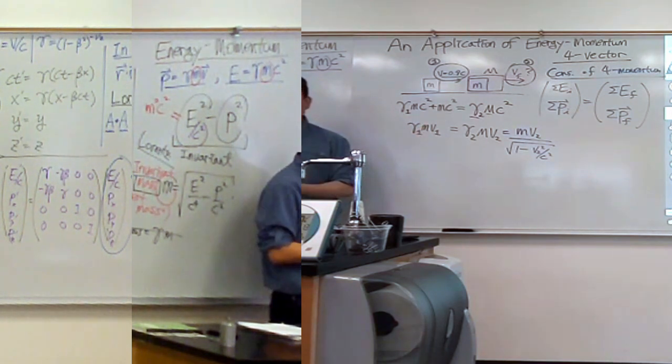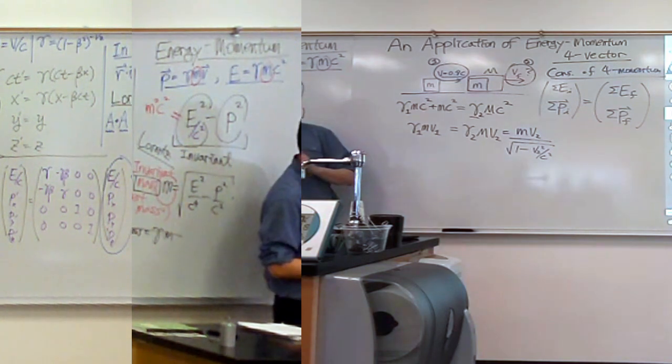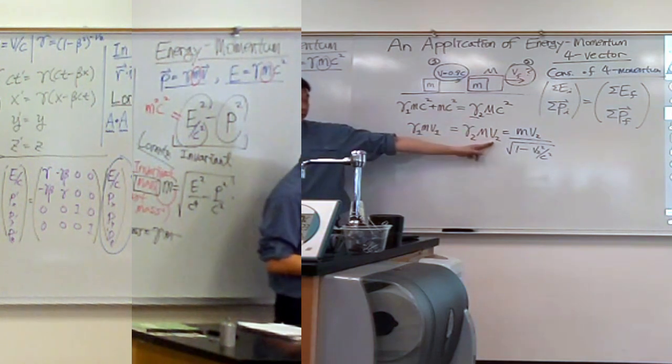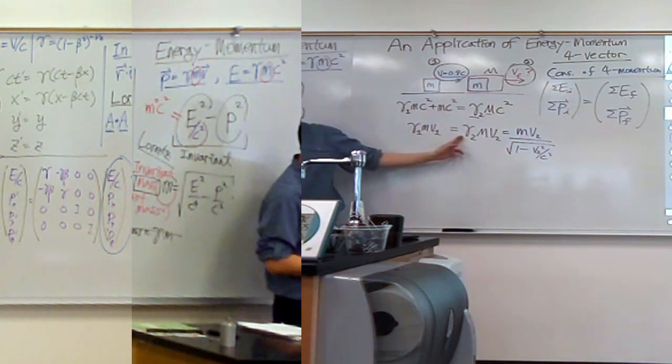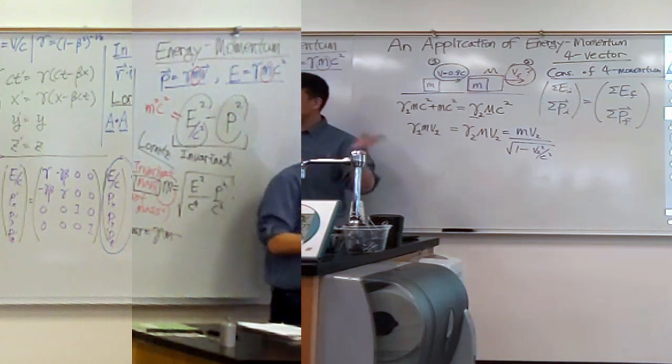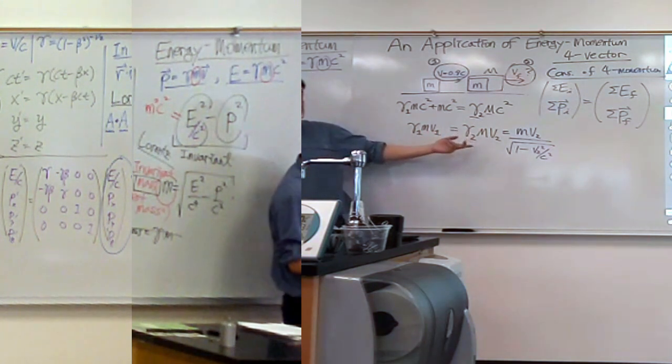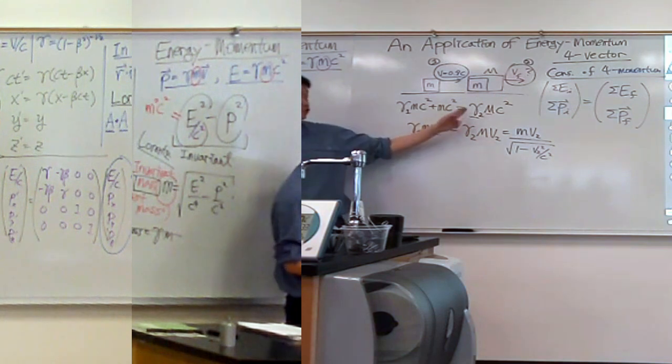And I will tell you, most of the time when you have to do algebra, it works out a lot better if, instead of writing gamma in terms of V, you write V in terms of gamma. For one, if you don't have any intuition for what gamma and V are, you can see that it's easier because you have only one thing to rewrite instead of two different things.